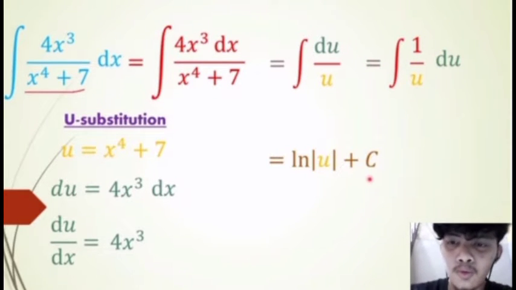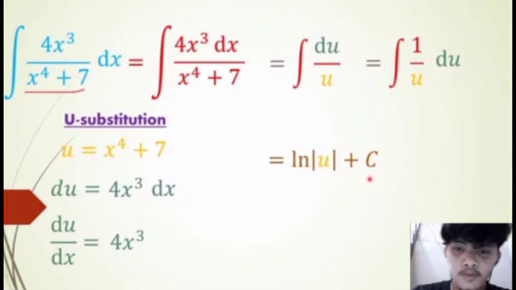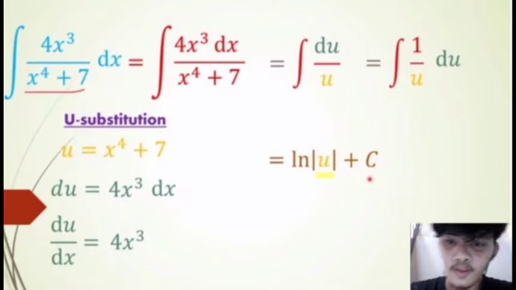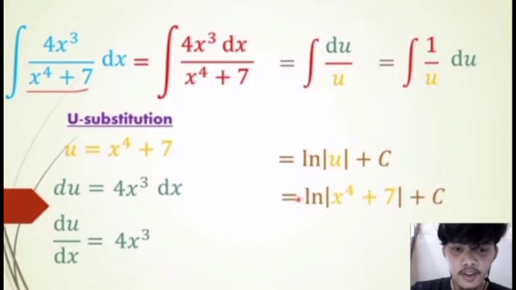After that, 1 over u du equals the natural log of the absolute value of u plus a constant. And then finally, after we replace u, it is ln of x^4 plus 7 plus a constant.